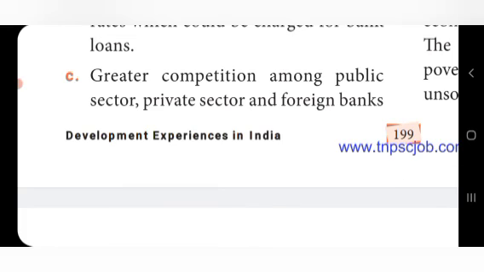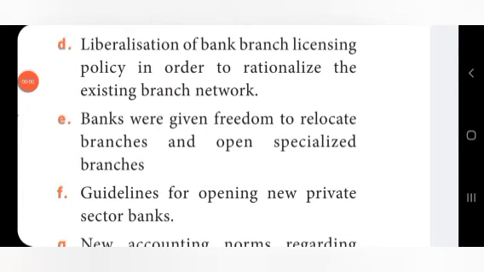Greater competition among public sector, private sector and foreign banks and elimination of administrative constraints. Liberalization of bank branch licensing policy in order to rationalize the existing branch network.